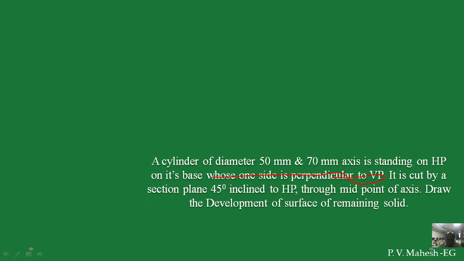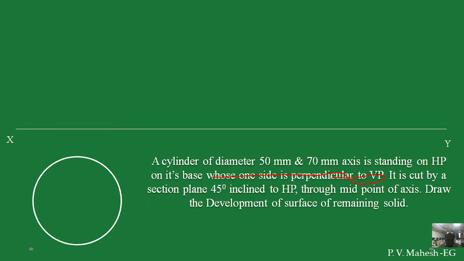Okay, so it is resting on HP. So in the top view you will see the circle, the base of the cylinder is a circle, so that we will see in the top view. Divide that into 8 equal parts. So this is the diameter of the circle given, and these are the 8 parts. So the top and bottom I am giving as 1, 1'.